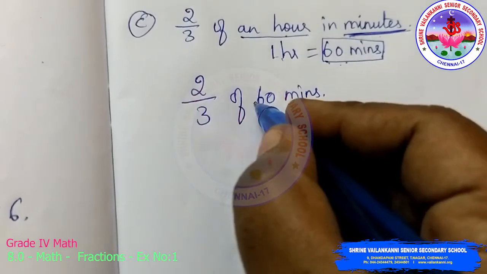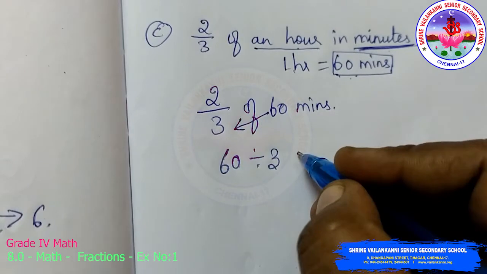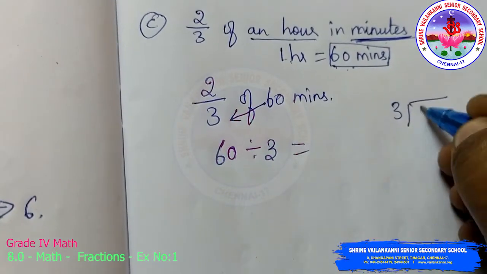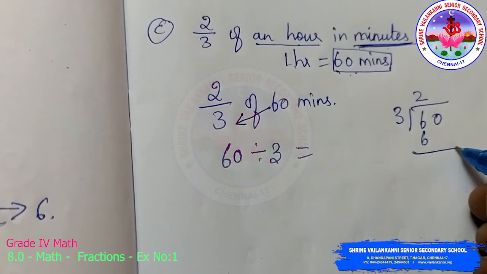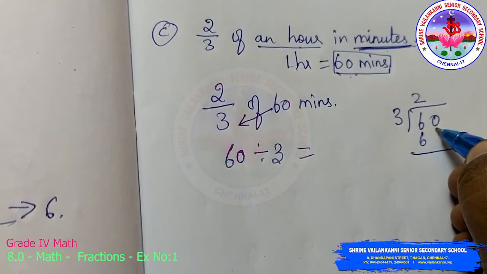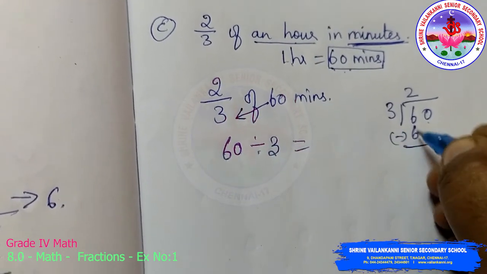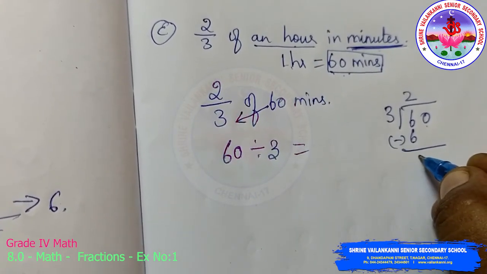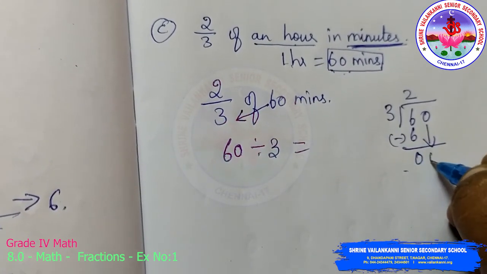So this 60 has to be divided by 3. 3 twos are 6. 6 minus 6, 0. Now this 0 has to be brought down.